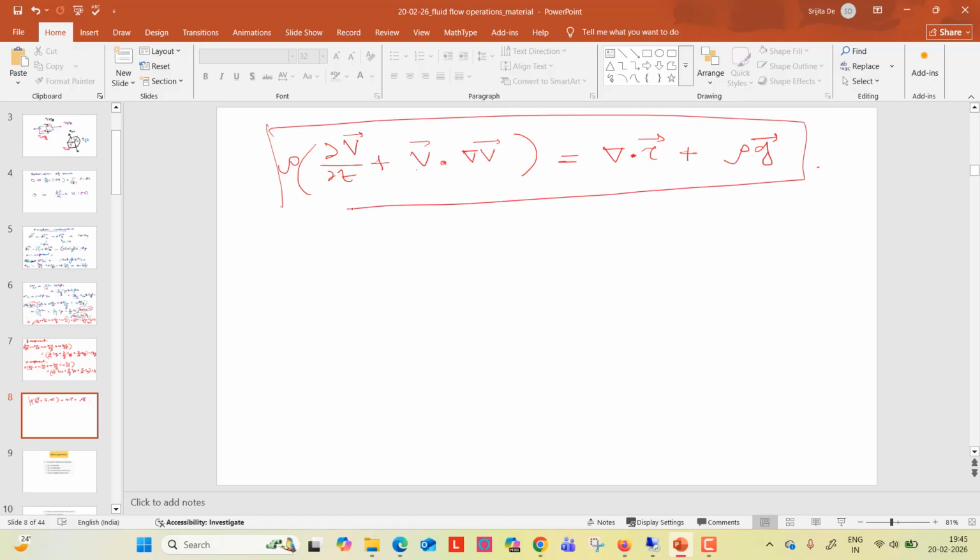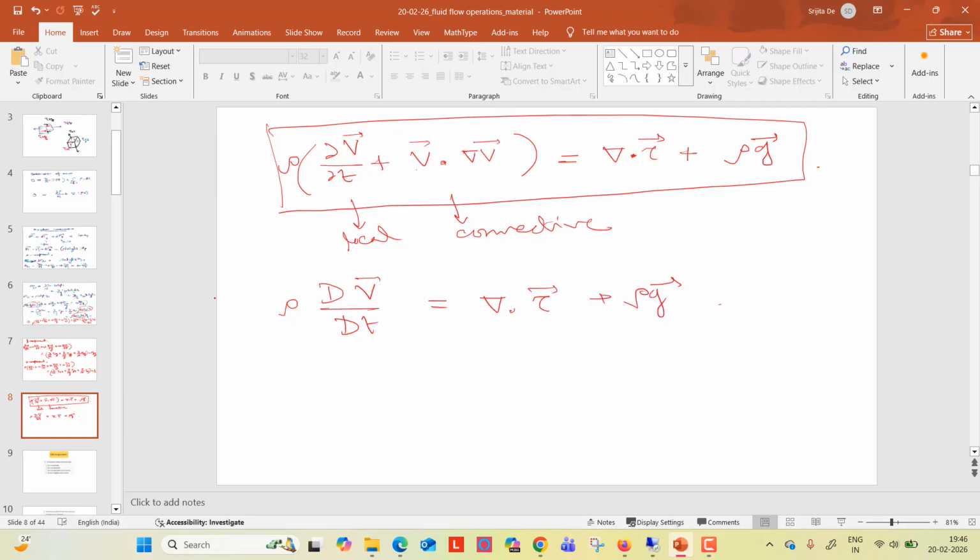Okay. So now this is the acceleration part, right? This is the local acceleration, and this is the convective acceleration. So you can write this as rho capital Dv Dt equals to divergence of stress tensor plus rho g, the body force term.